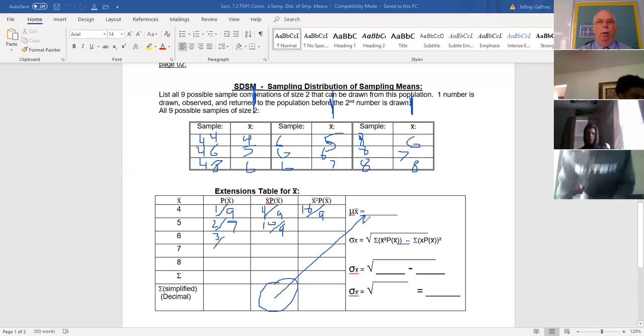Now, we talked about this on Monday. How does the mean of the sample distribution, or the mean of the means, relate to the mean of the population? How should they relate to each other?